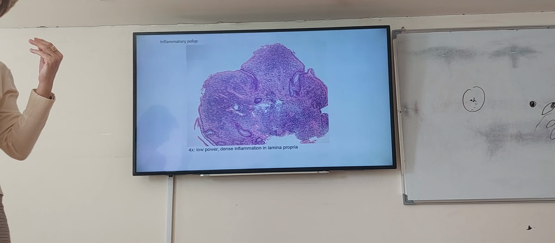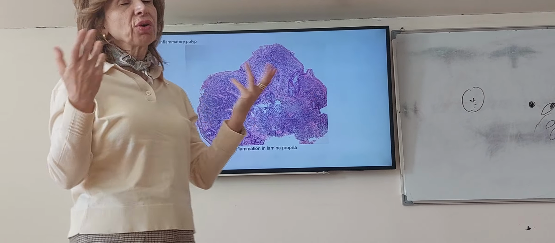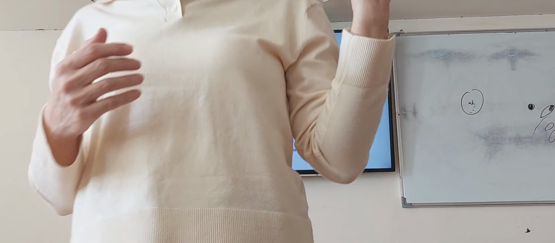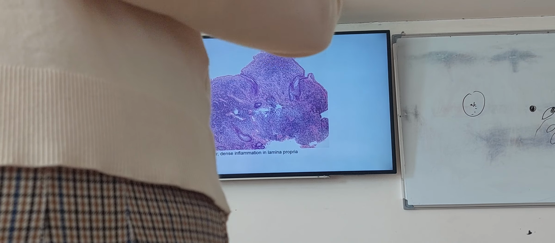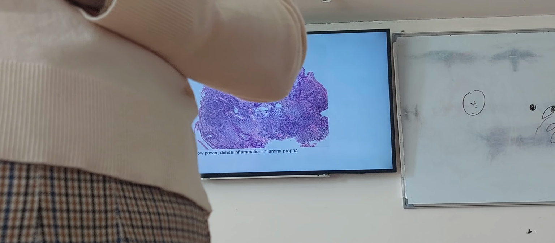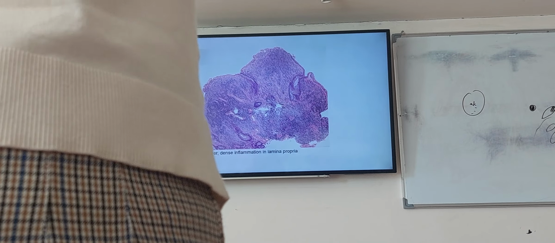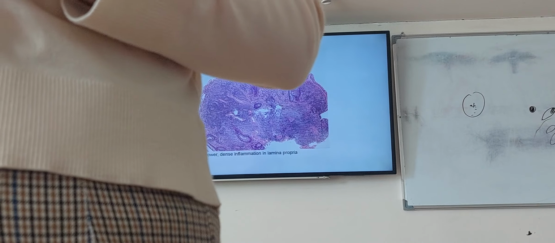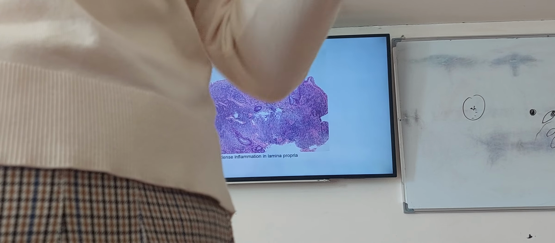Now, just for information, this is chronic, but at the very top of it, when you go close, sometimes you will see neutrophils. What does it mean? It means that I have secondary acute inflammation on top, but in general, it is chronic inflammation. Any neutrophils you see, you tell me acute.